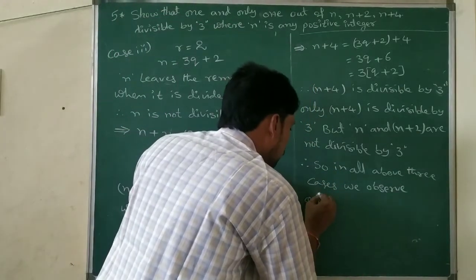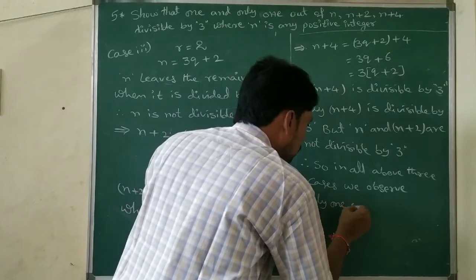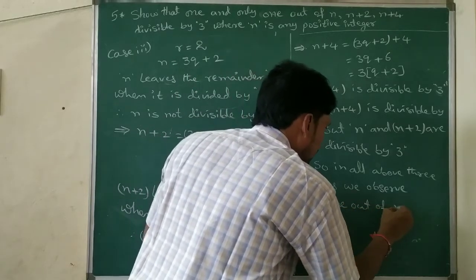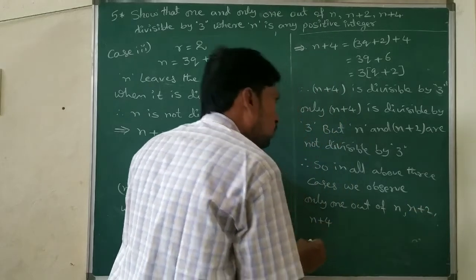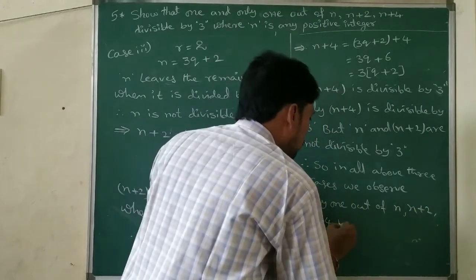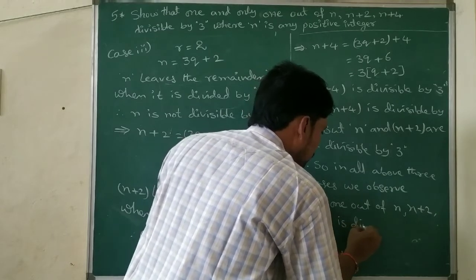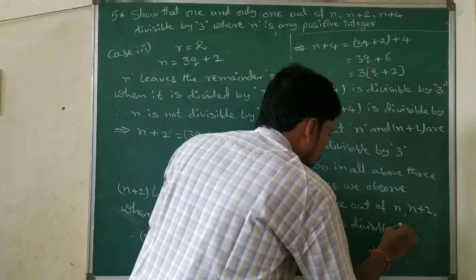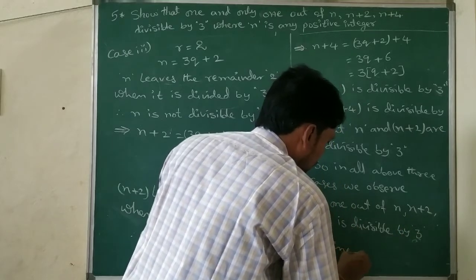Only one and only one out of n, n plus 2, n plus 4 is divisible by 3. Hence proved.